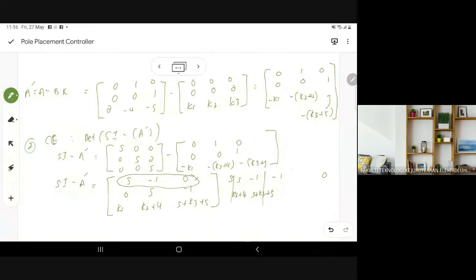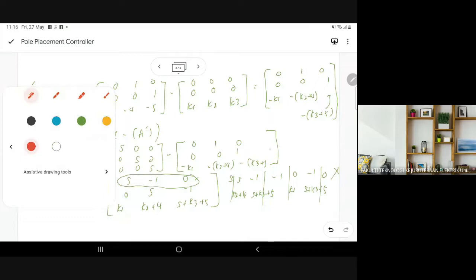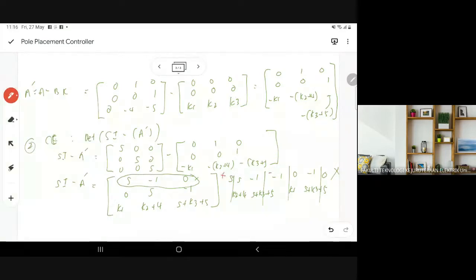For the negative one, I will get 0, -1, and then K1, s plus K3 plus 5. For the 0 part, I don't care, because I just multiply by 0. And then after that, I apply the sign, positive and negative.